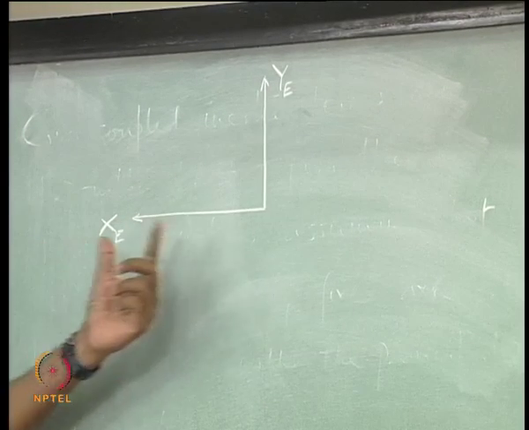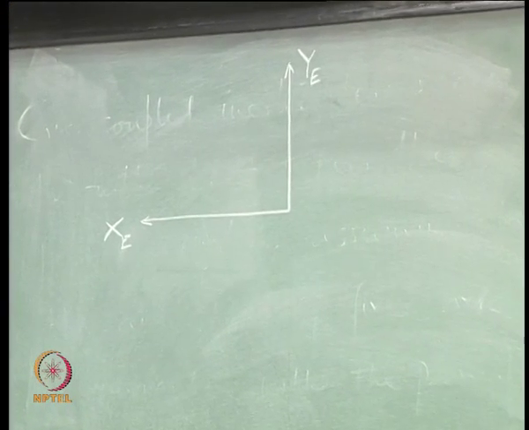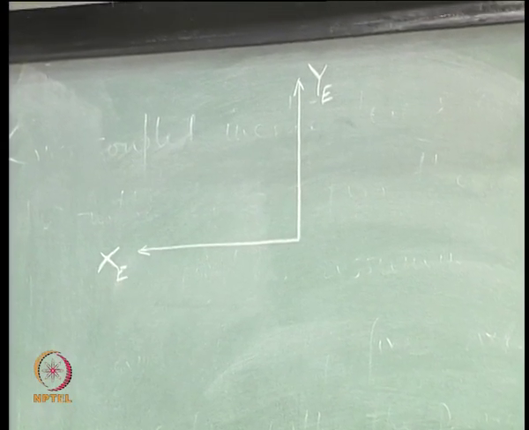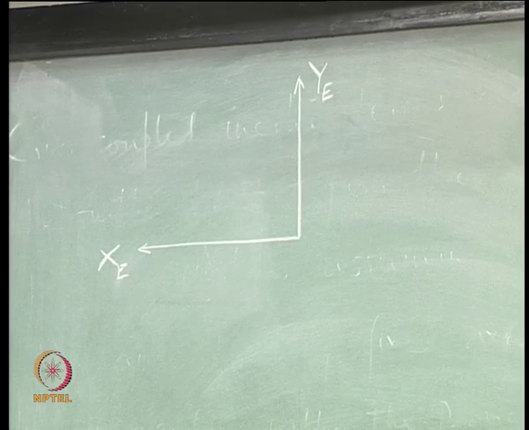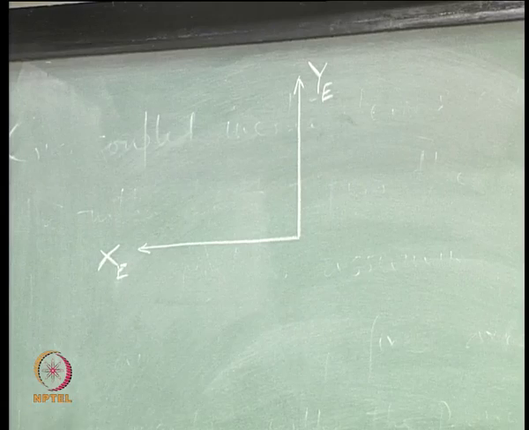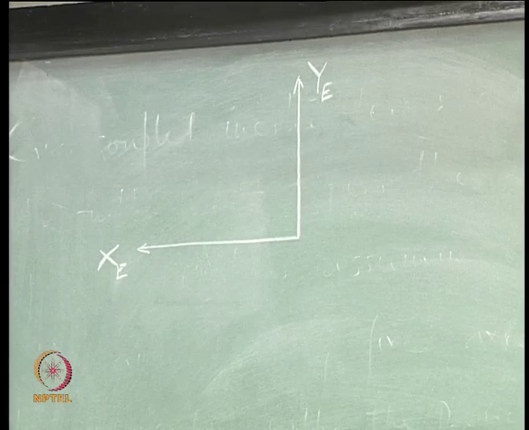So the rule is that you are trying to actually rotate the earth fixed system so that it coincides with the aircraft body fixed axis. So finally the final axis system that I get by doing this should be the aircraft body fixed axis system.